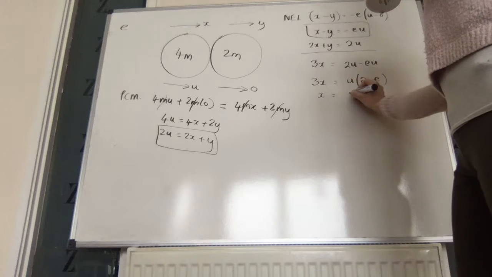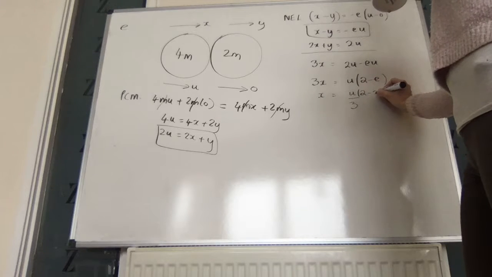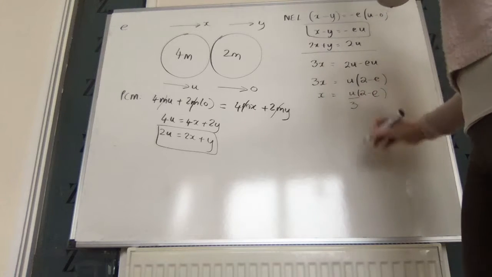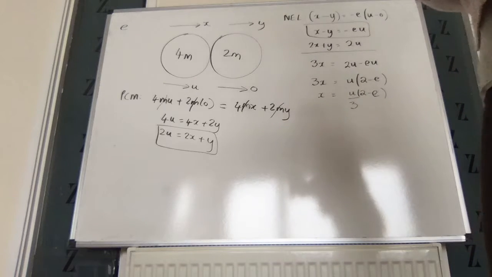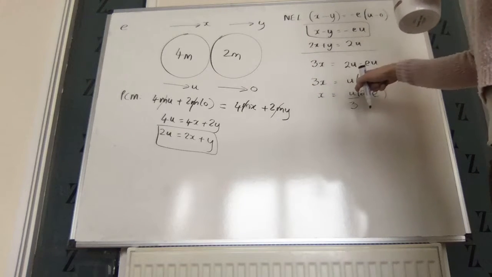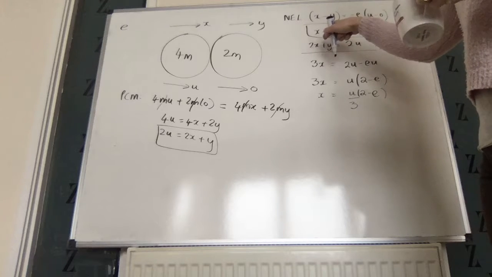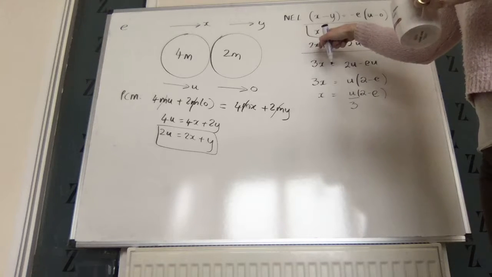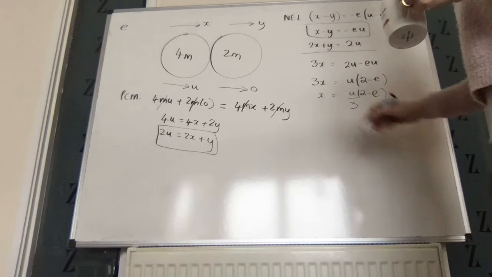Divide by 3, x is u over 3 times 2 minus e. Rather than subbing that back in to find y, it's a lot easier to take the two simultaneous equations again and eliminate x to find y.